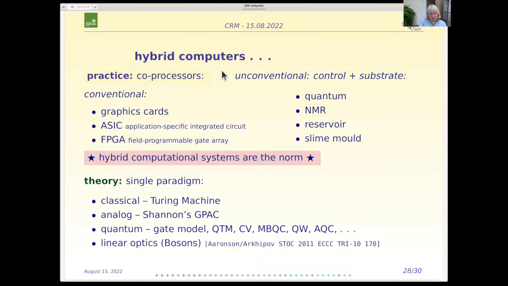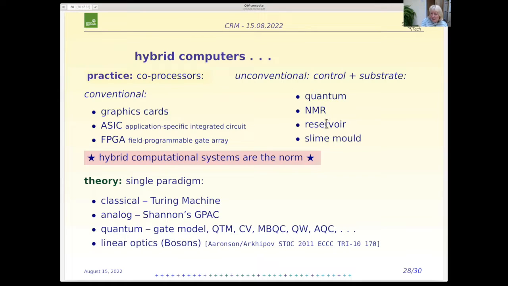Hybrid computers. In practice, computers are full of co-processors. Conventional ones, we've had graphics cards for 20 or more years, but they're now in high-performance computing, so really big computers are also having banks of GPUs, banks of FPGAs that you can use for specific repeated intensive computations.